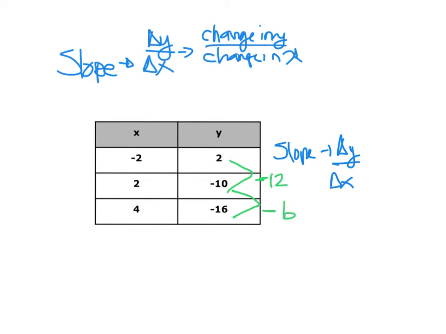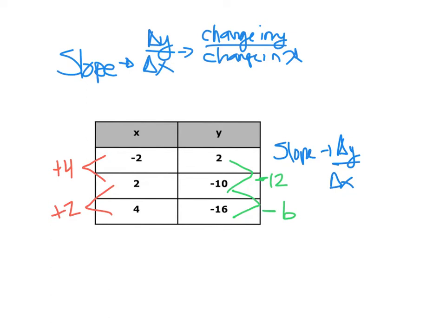So let's go over here now. I'm going to look at my delta x, or my change in x. Negative 2 to positive 2 is an increase because it's going up, so I'm adding 4. 2 to 4, plus 2. You notice that the changes in y are not the same each time going down, and that's okay.